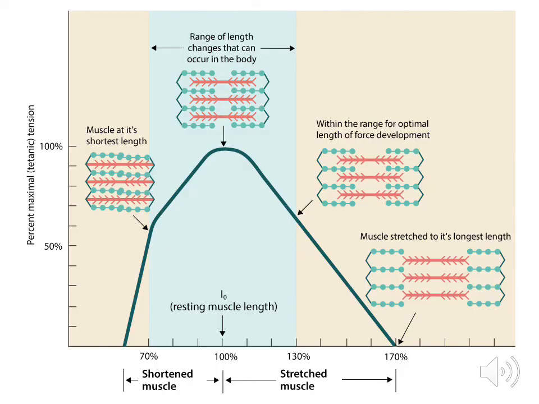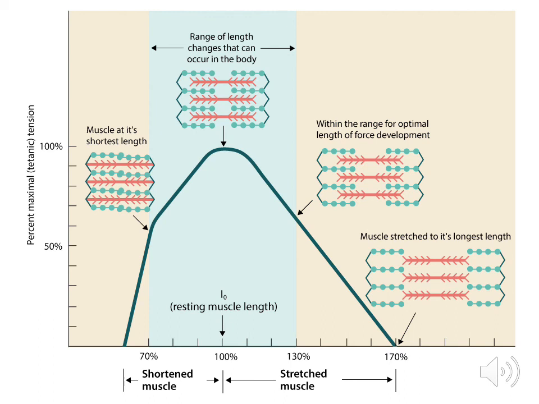Understanding the sliding filament theory at the level of the sarcomeres also helps us to understand something called the length-tension relationship within muscles. And this shows how much force a muscle can create, or how much force a contraction can create, depending upon the length of those sarcomeres before a contraction begins.